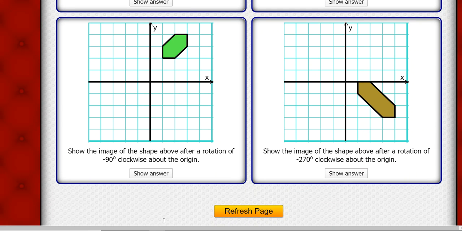Yeah, so negative 90, if you ever see it like this, would mean actually it's not clockwise, it's counterclockwise or anti-clockwise, whatever you say. What would be the same thing as doing a negative 270 clockwise? Yeah, 90 degrees clockwise would be the same thing, because 270 is going all the way around.